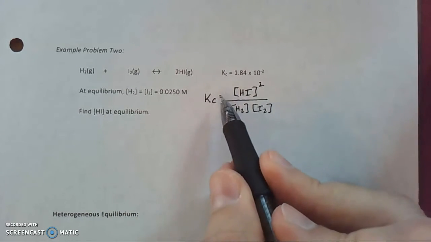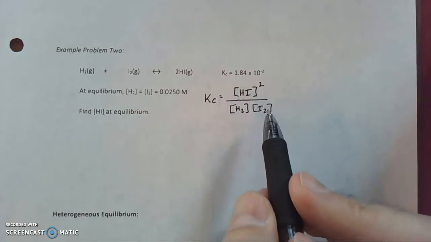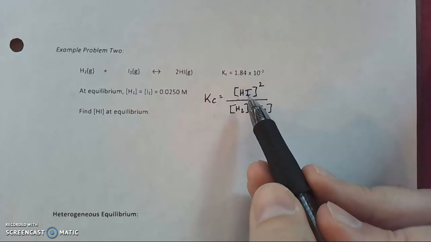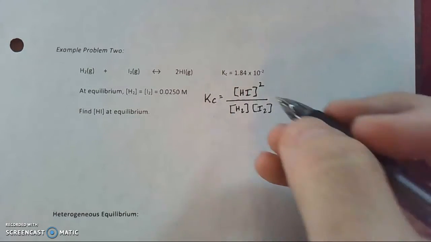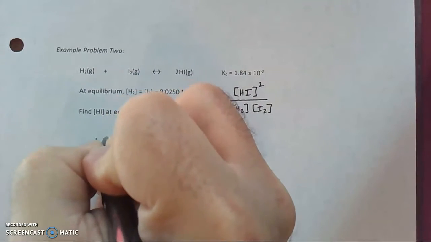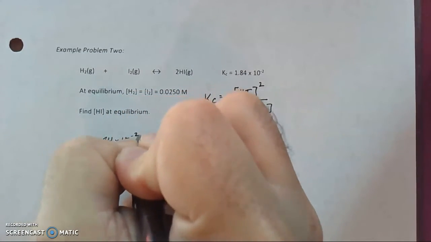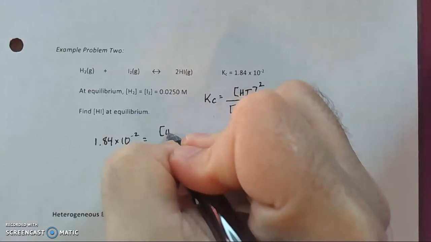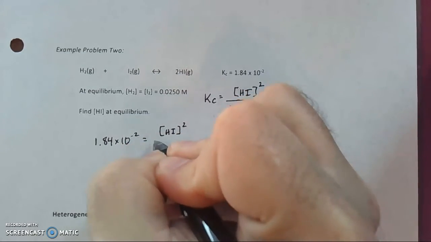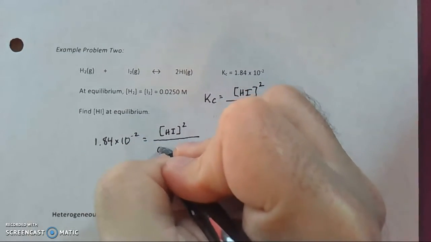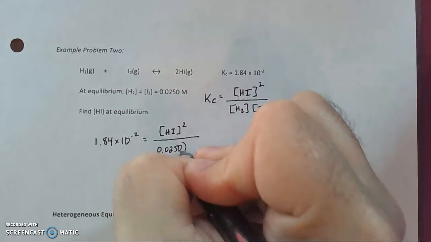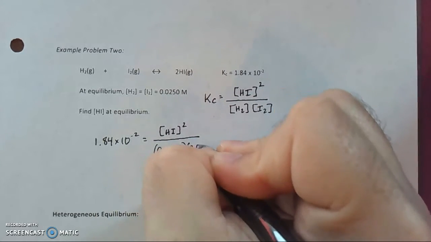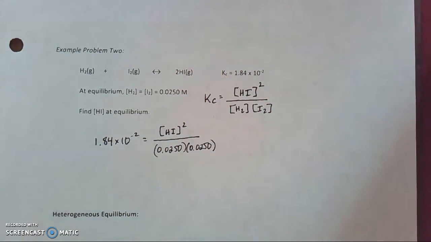Now all I have to do is put in the values and solve for whatever I'm looking for. I'm looking for HI. So our Kc value is 1.84 times 10 to the negative second is equal to concentration of HI squared over 0.0250 times 0.0250.